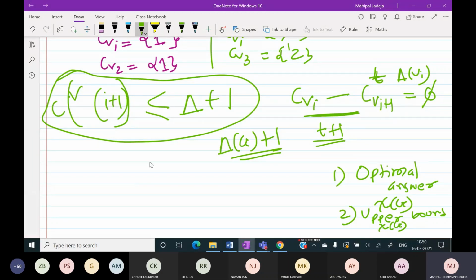We know that kappa of G can achieve this maximum value, which is delta G plus 1. That is fine, and the same value is achieved by this greedy coloring algorithm. That is also fine. But that doesn't mean that this greedy algorithm will produce the optimal answer.